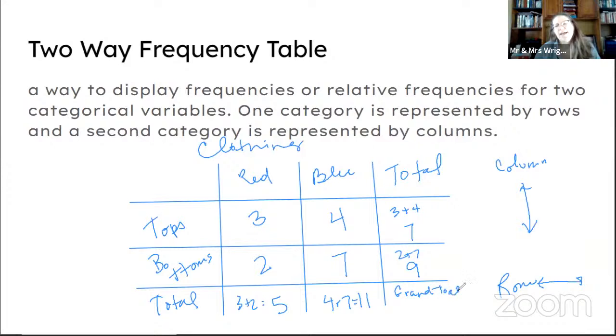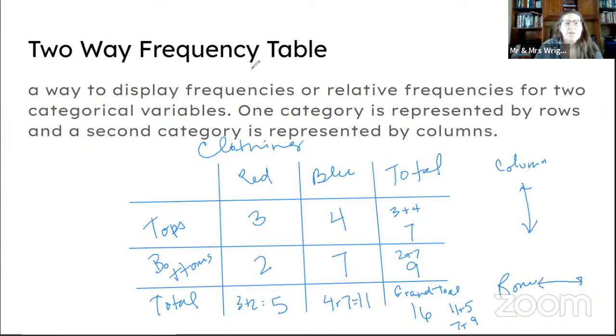So you're going to add up all your totals. So 7 plus 9 is going to go right here, and that should be the same thing as 11 plus 5. So we should get 16 for both of those. And if we got the same thing, then we did our subtotals, these individual totals, correctly.